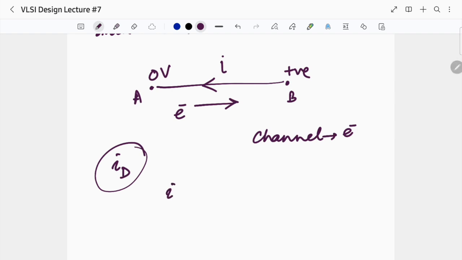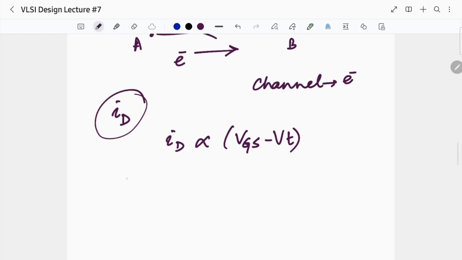It is directly proportional to the excess voltage at the gate. That means we have to have our gate voltage greater than the threshold voltage, and only then will our current flow properly. So this is the first condition for ID, the amount of current.